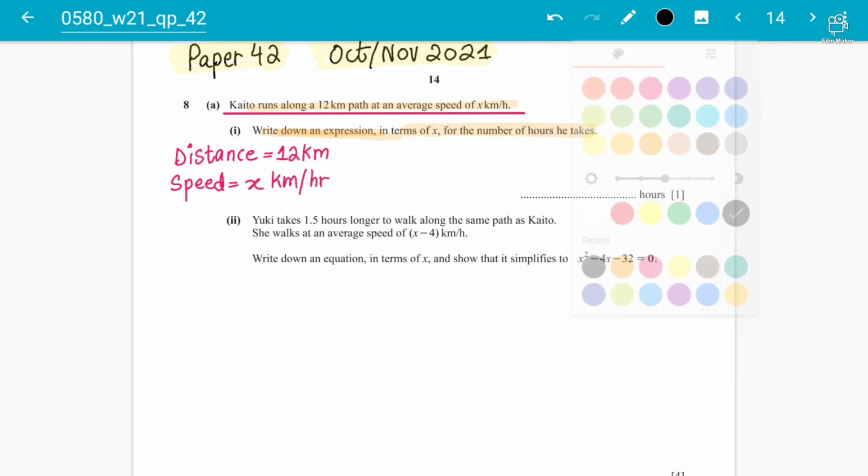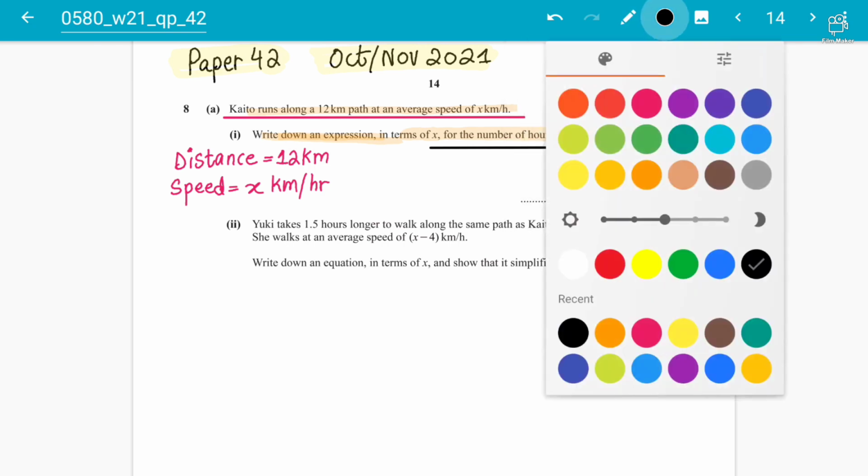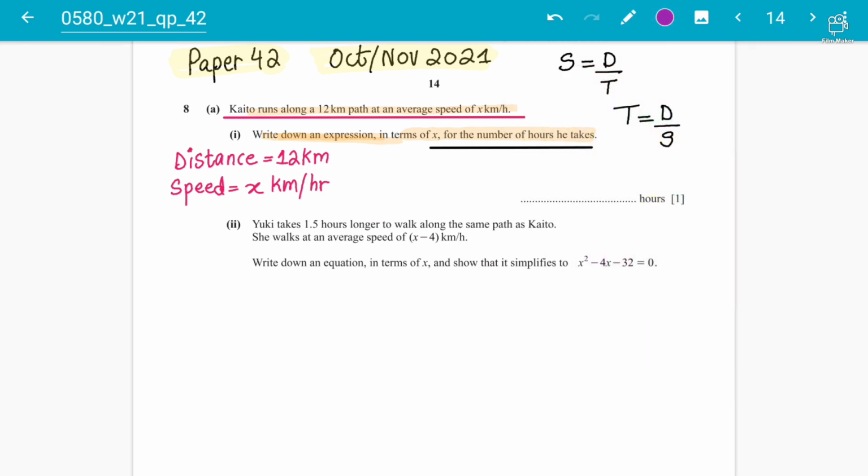As I mentioned, the original expression is speed equals distance over time. You can manipulate it and change the subject. Time is equal to distance divided by speed, that's what they're requiring for the number of hours taken. So distance will be divided by the speed, and the answer comes out as 12 divided by x hours.